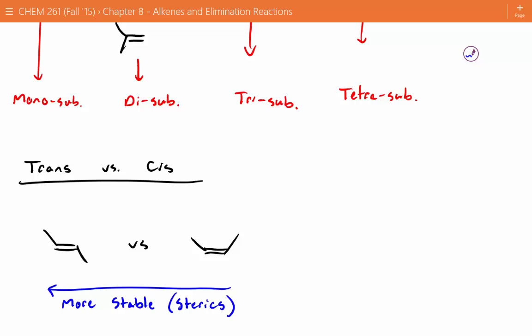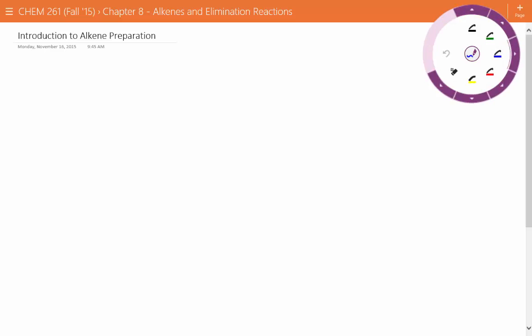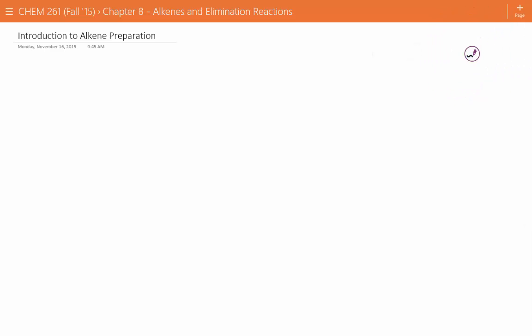All right, so let's talk a little bit about preparation of alkenes. This is where we're going to spend the bulk of the chapter, but I did want to introduce it today. We've got one method, so let's label this as method number 1.